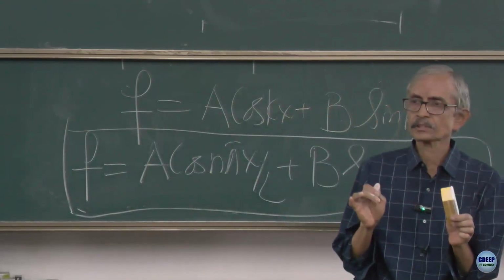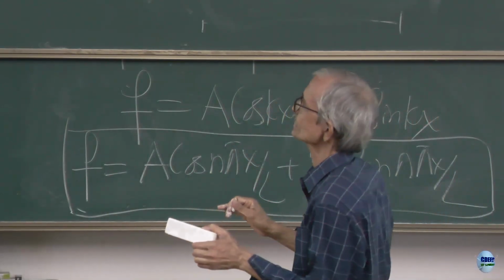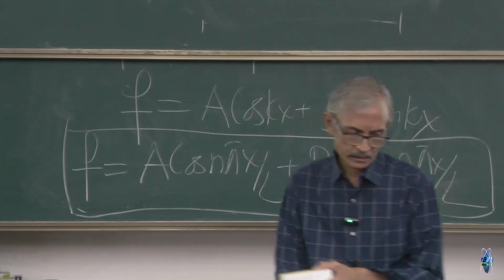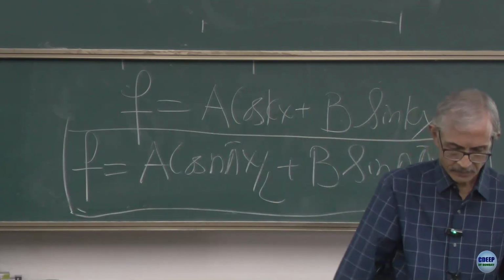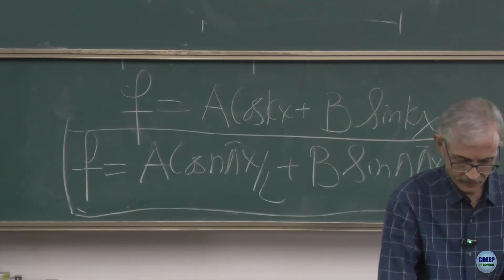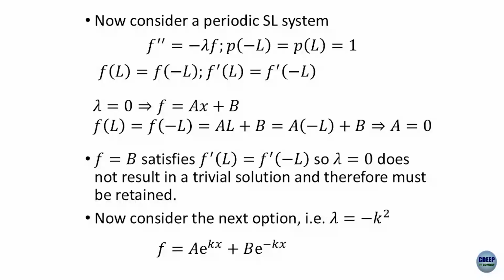The solution to the Sturm-Liouville system, a periodic Sturm-Liouville system with those as the conditions, ended up with the solution being this, where these are the eigenfunctions and n is an integer.